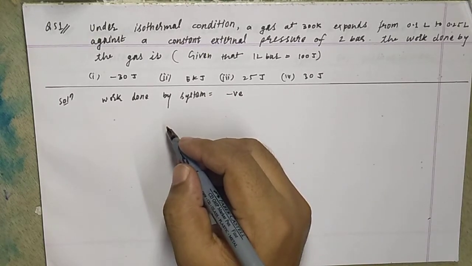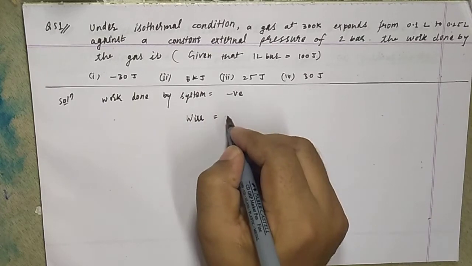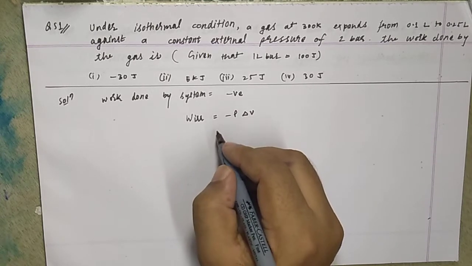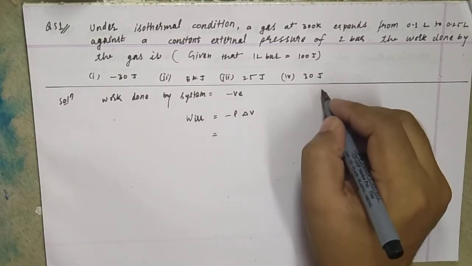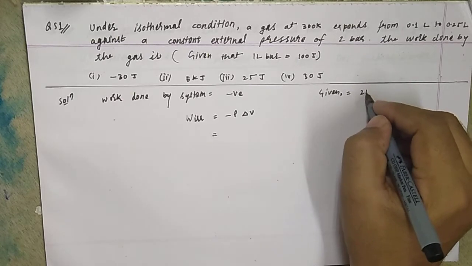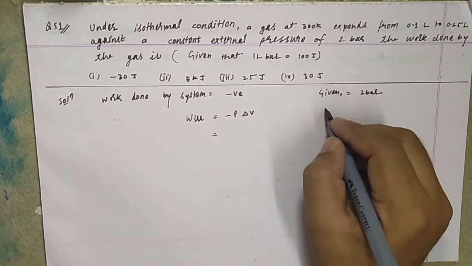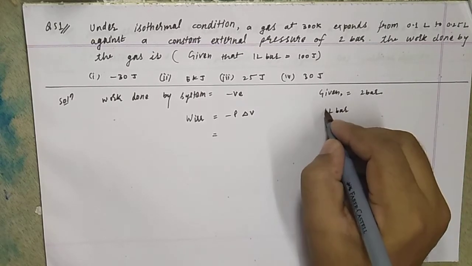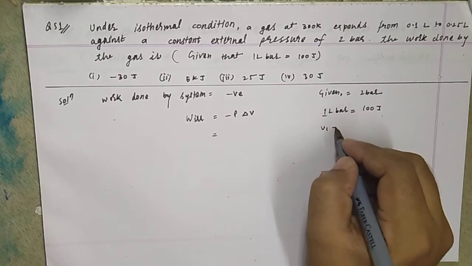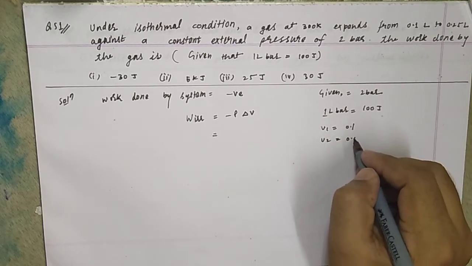The pressure is constant external pressure, so for an irreversible process W equals minus P delta V. Given the constant external pressure is 2 bar, and 1 liter bar equals 100 joule, V1 is 0.1 and V2 is 0.25.